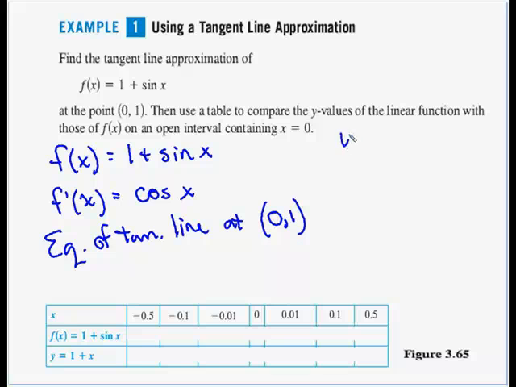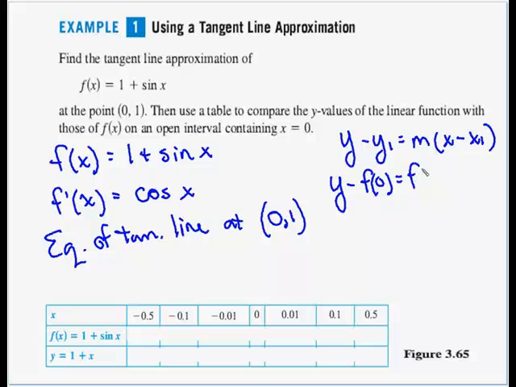And again, we're familiar with y minus y sub 1 equals m quantity x minus x sub 1. Well, now it's going to be y minus f of 0 is equal to the derivative's value at point 0 times the quantity x minus 0. So, y minus. What is f of 0?